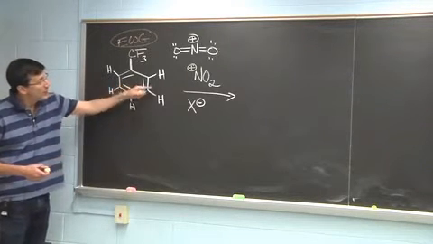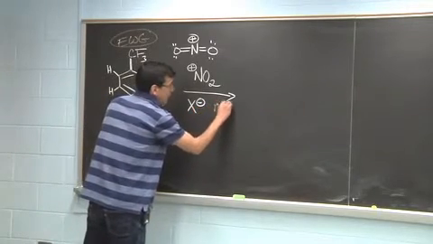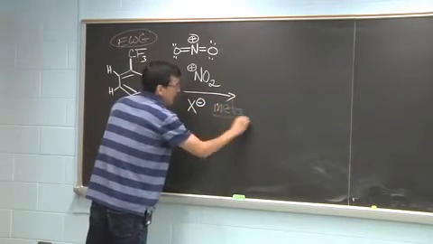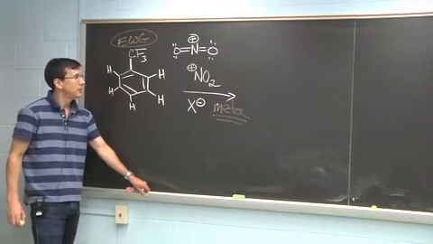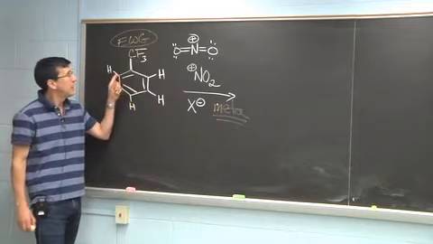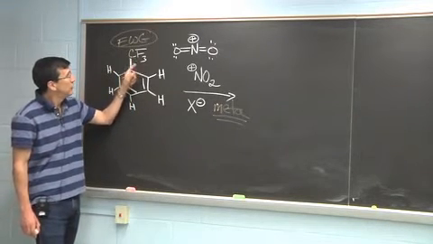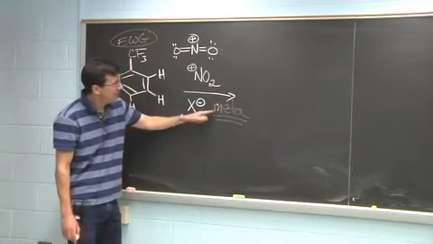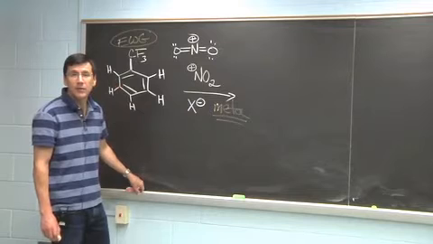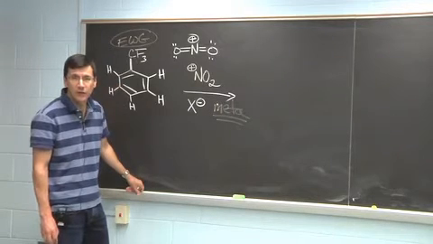So the pathway that we're going to want to follow here is, again, as in the previous example, the meta path. So draw a mechanism for electrophilic aromatic substitution of this benzene derivative. This would be trifluoromethylbenzene. Following the meta path, draw out the mechanism and write the final product. So that's your job.